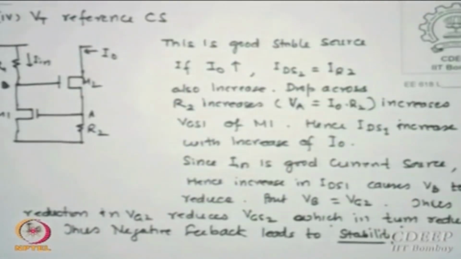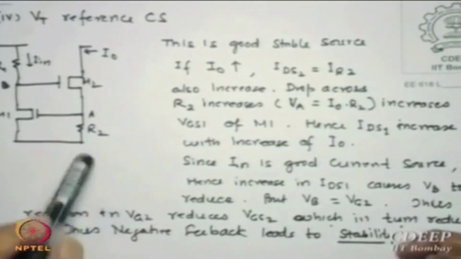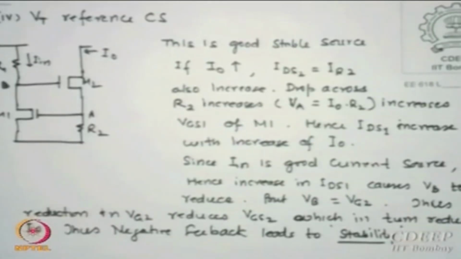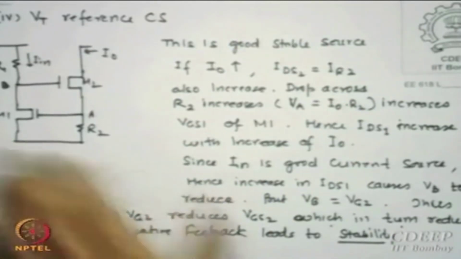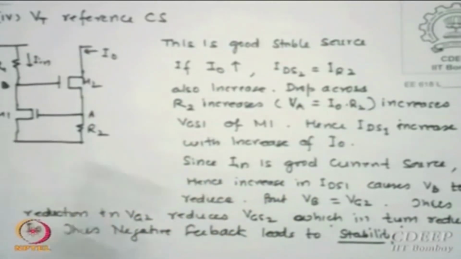The advantage of this is that it is quite a stable source, and typically one has to choose the R2 value suitably so that a faster recovery is possible. Is that okay? Of course, as I said, this is only to show you the way we have done it. Wilson has done the same thing, but slightly modified from this, which is the Wilson mirror we have described.